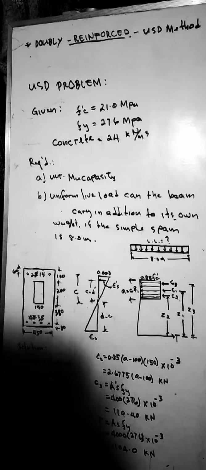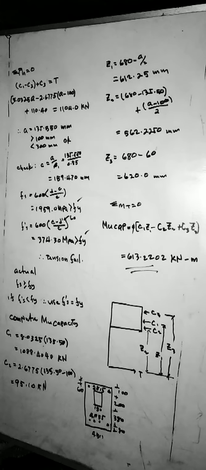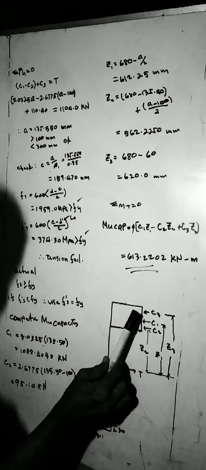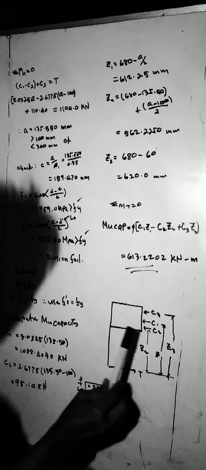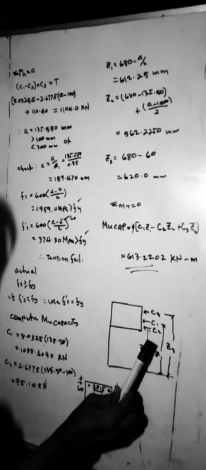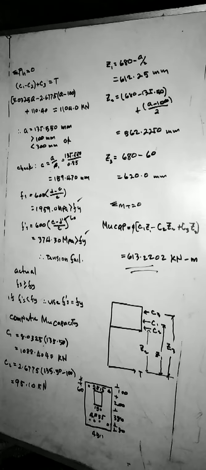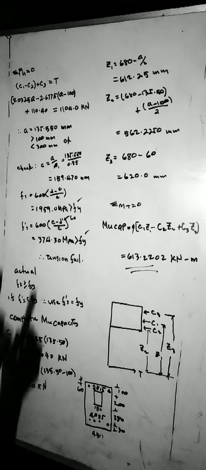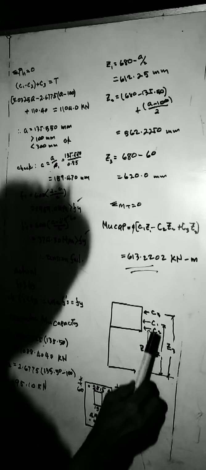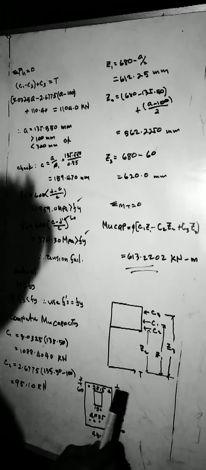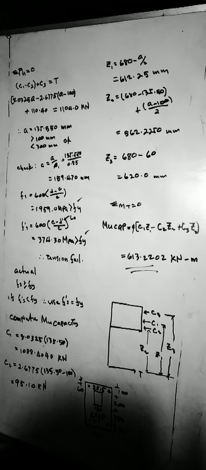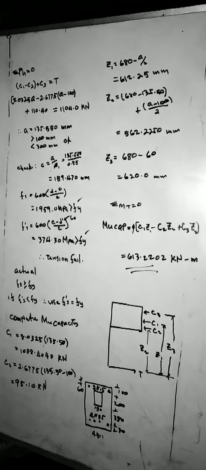To solve the value of a, the neutral axis, we use the summation of horizontal forces equals 0: C1 minus C2 plus C3 equals T. Why minus C2? Because this is a blank area, so we have to subtract.